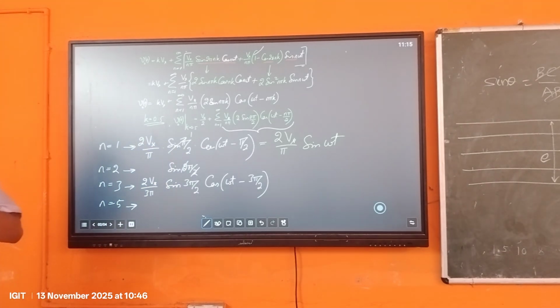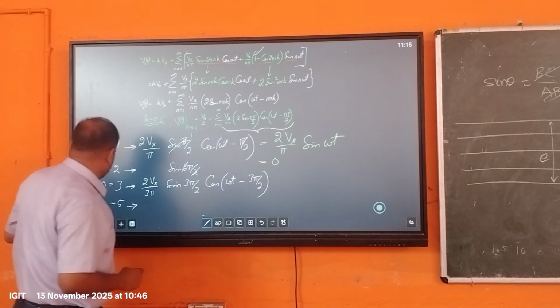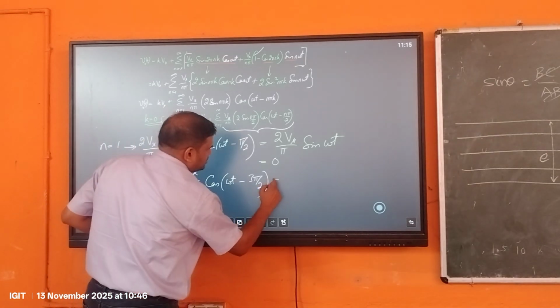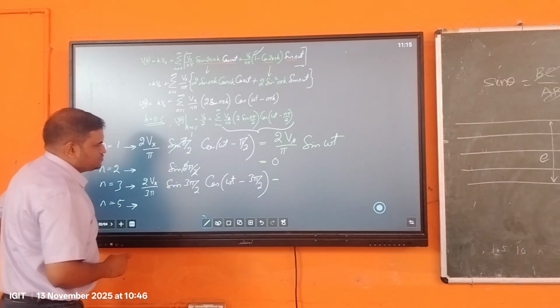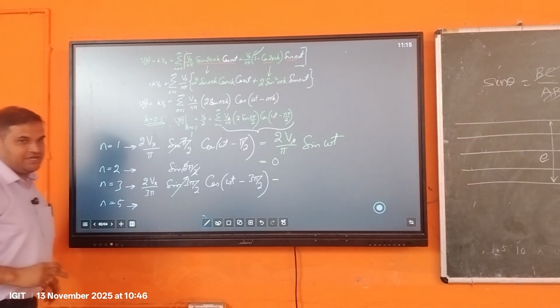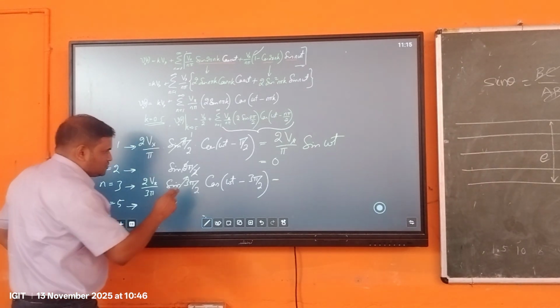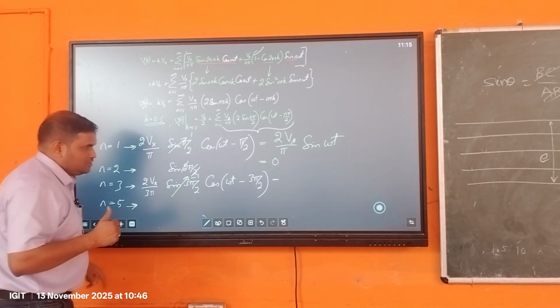Done. For n is equal to 2, this is 0. For n is equal to 3, this is how much? Sine of 270 degree. Sine of 90 is 1, sine of 270 is minus 1. So this is minus 1, no doubt.